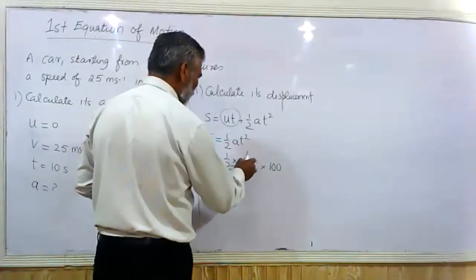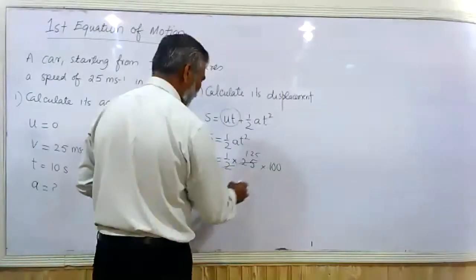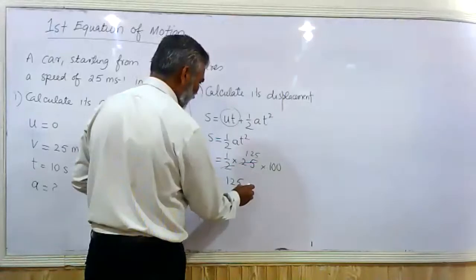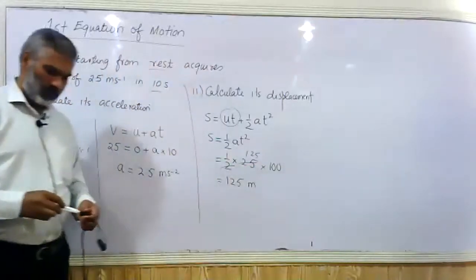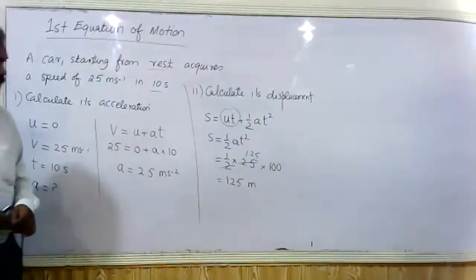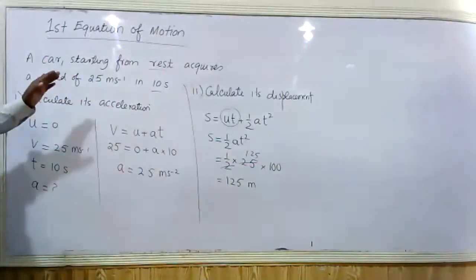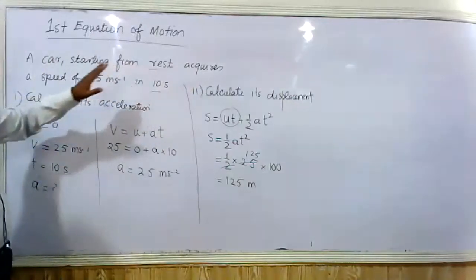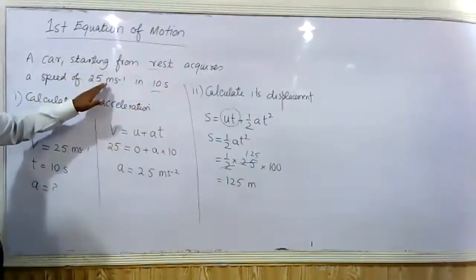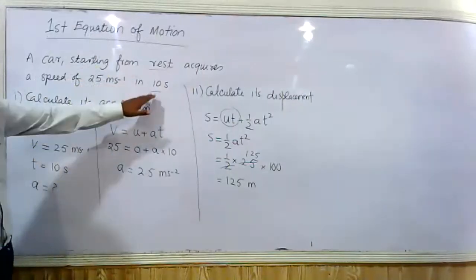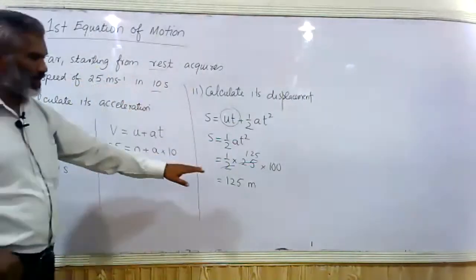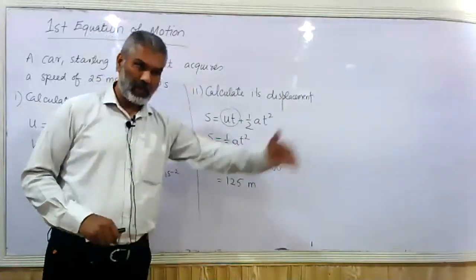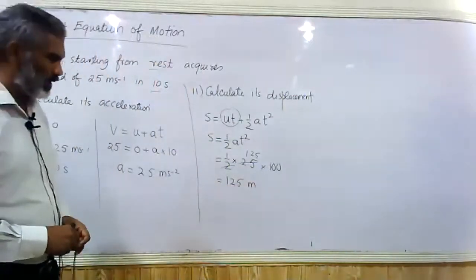If I cancel, 1.25 multiplied by 100 gives me 125 meters. That means the object which moved initially from rest and acquired a speed of 25 meters per second in 10 seconds has covered a distance of 125 meters moving along a straight line.